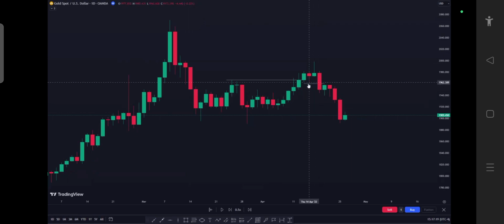This is a telltale sign, and then we have an order block and price is just hovering in here, above this low.